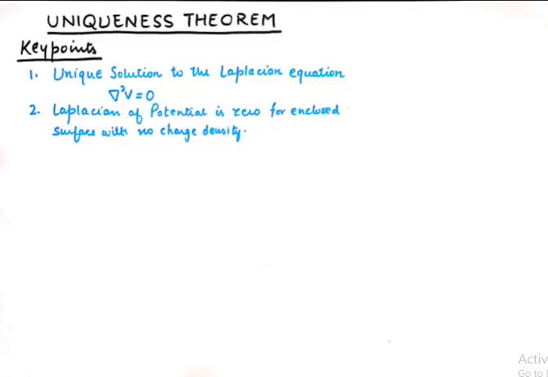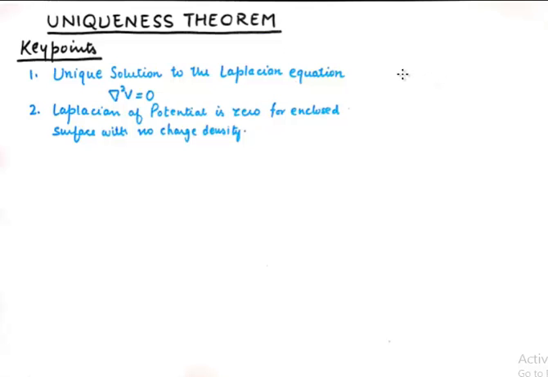The first key point is that it provides a unique solution to the Laplace equation. In other words, the Laplace equation, which is a special case of Poisson's equation, says Laplacian of V is 0, and its interpretation is that the Laplacian of potential is 0 for an enclosed surface with no charge density.